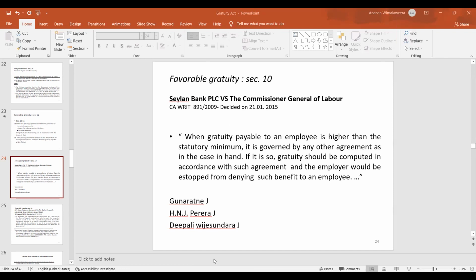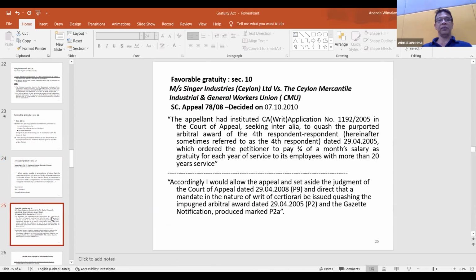CA means Court of Appeal. This is the case.